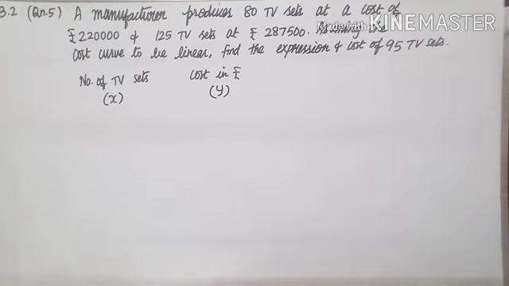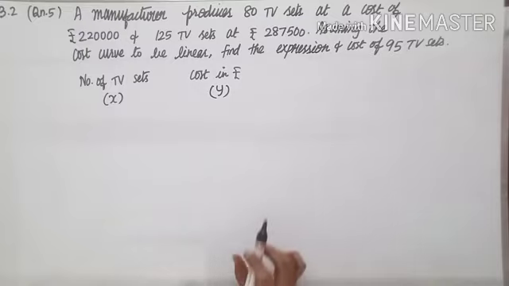Question number 5. A manufacturer produces 80 TV sets at a cost of rupees 2,20,000 and 125 TV sets at rupees 2,87,500. Assuming the cost curve to be linear, find the expression and cost of 95 TV sets.